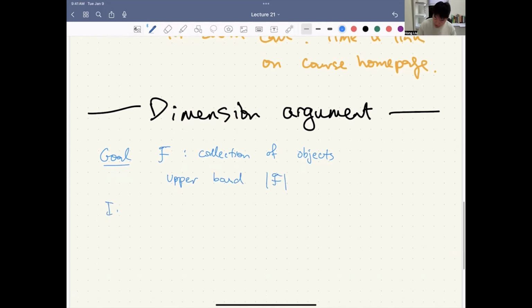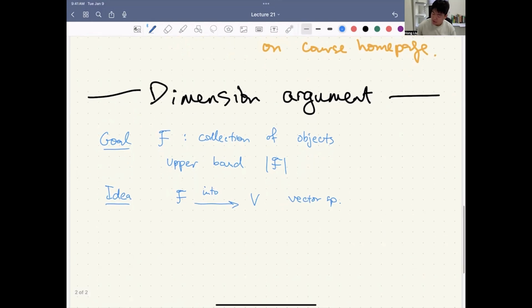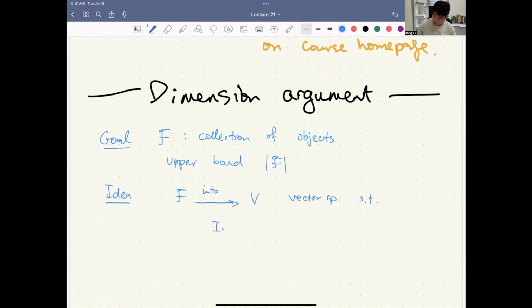And the idea is we're gonna find an injective map into some low dimension vector space, such that the image of F is linearly independent.